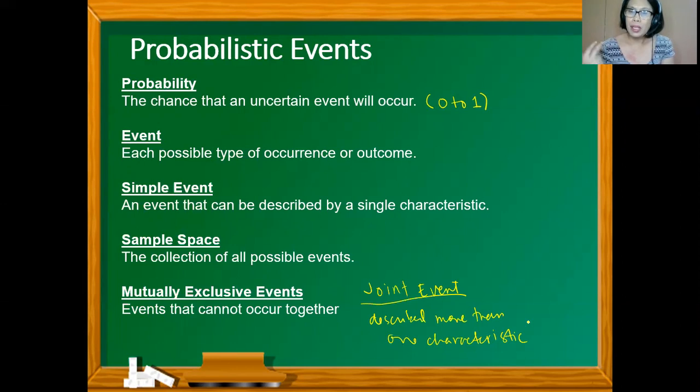So we can say that a female who responded yes is a joint event because we describe the event in more than one characteristic. First is female, and then a respondent who also answered yes. So we consider that as a joint event.